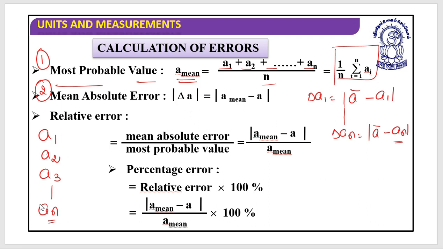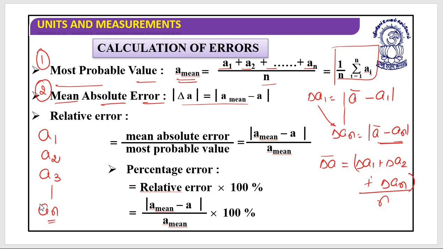Then, considering all the absolute errors, I need to take a mean of them: delta A bar is delta A1 plus delta A2 up to delta AN, divided by the total number of samples. So this is the mean absolute error.